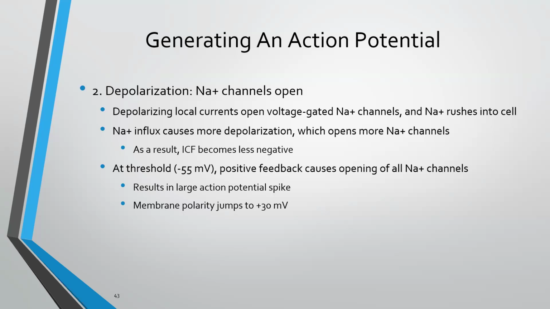At the threshold of negative 55 millivolts, positive feedback causes opening of all of the sodium channels, and that results in a large action potential spike, lots of sodium crossing over the membrane, and then the polarity jumps up to 30 millivolts.